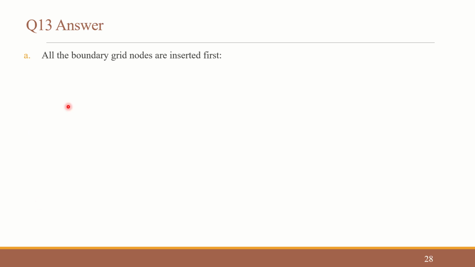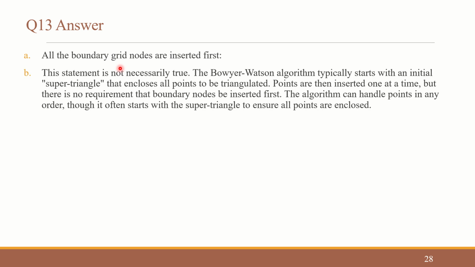All the boundary grid nodes are inserted first. That is what is given in the first statement. This statement is not necessarily true. The Bowyer-Watson algorithm typically starts with an initial super triangle that encloses all the points to be triangulated.